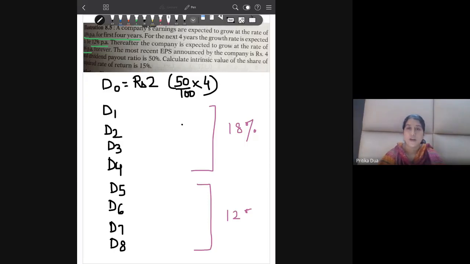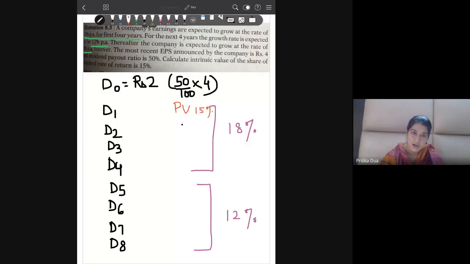So step 1 of the question is that you calculate the value of these dividends and then you calculate their present value and sum them up. Present value will be calculated at the required rate of return.